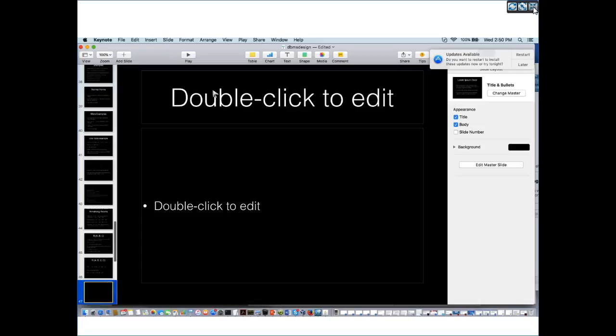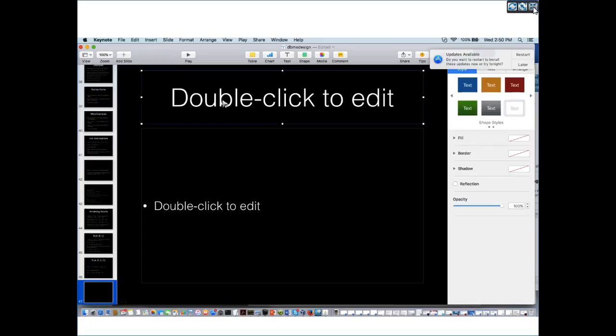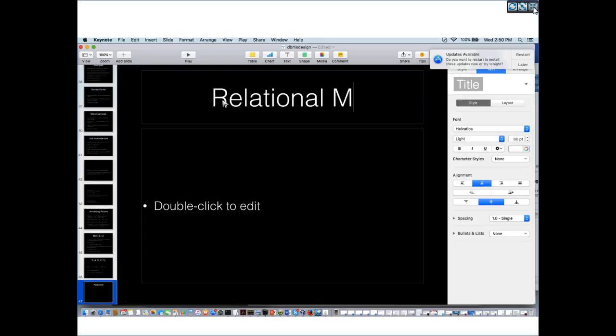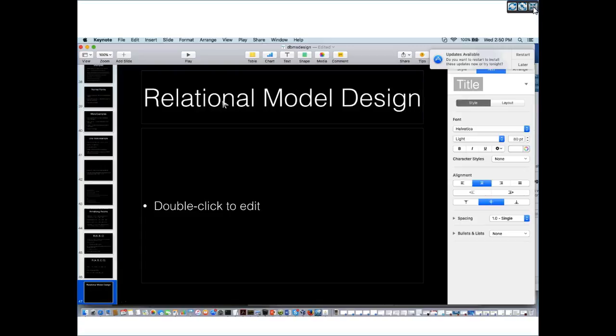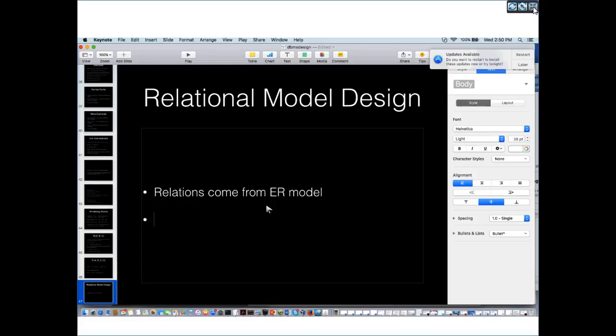Now that we know FD closure also, the initial set of relations come from the ER model. This is the relation.